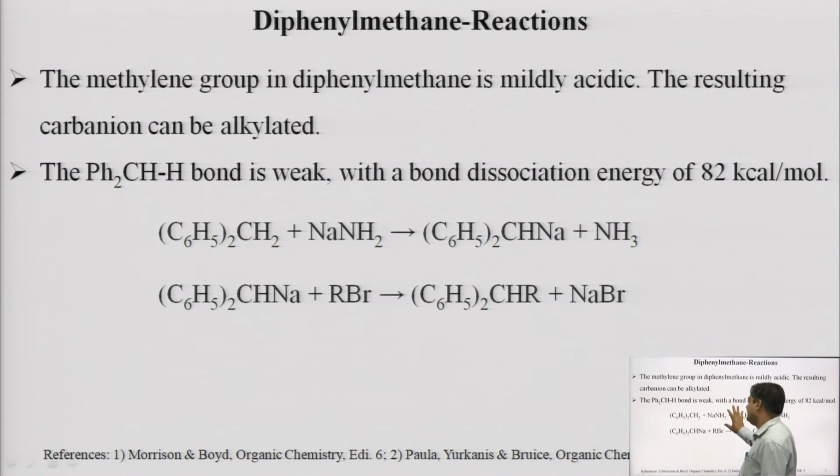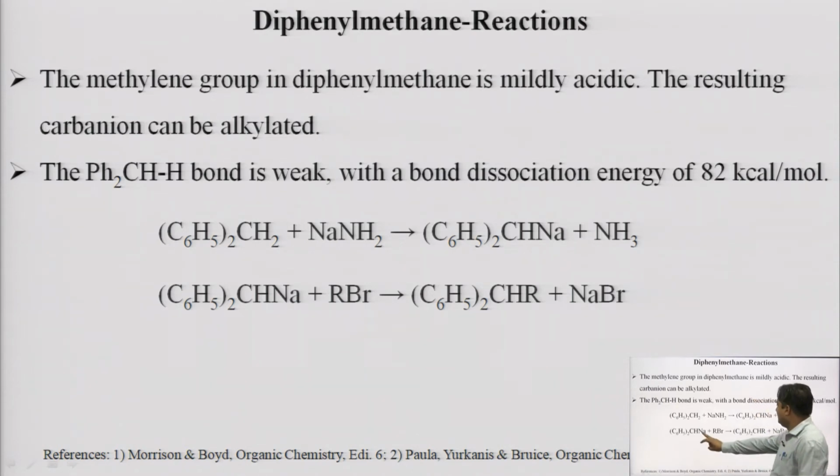So, this is a very easy reaction. It occurs rapidly because this is very acidic and the hydrogen gets removed very easily. Again you can see that this sodium salt of diphenyl methane, when reacted with an alkyl bromide, gives alkylated products.